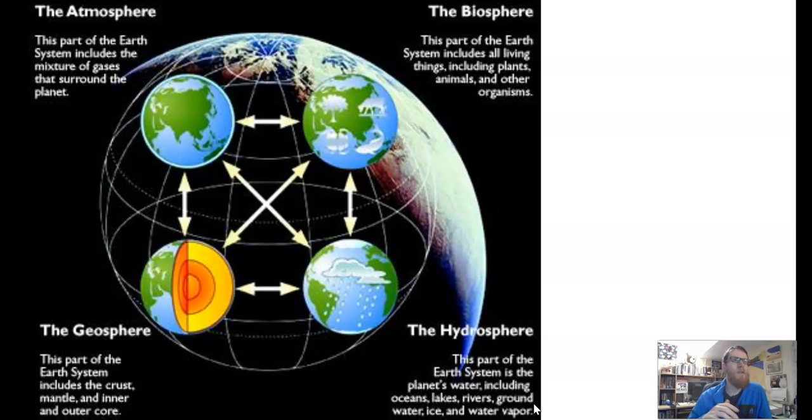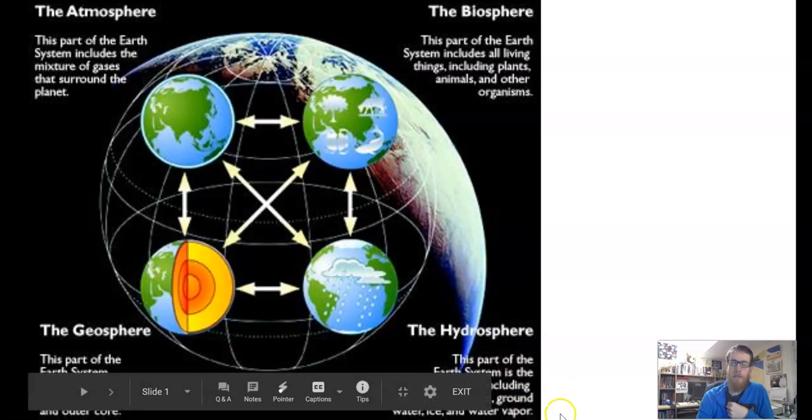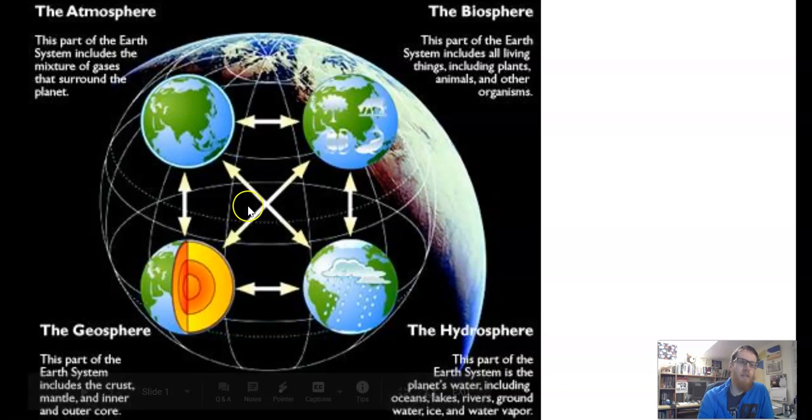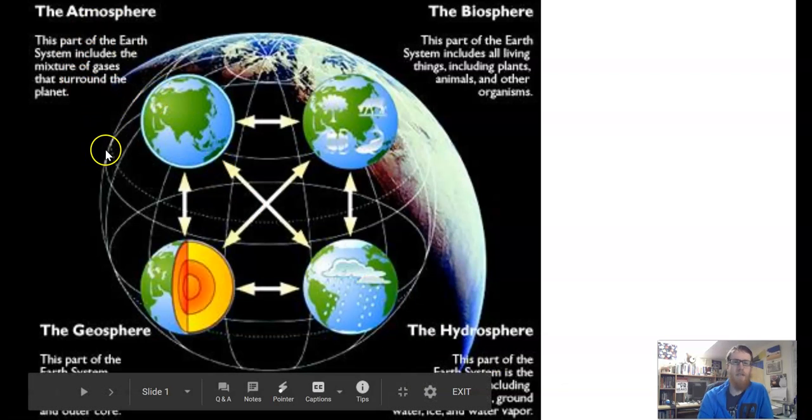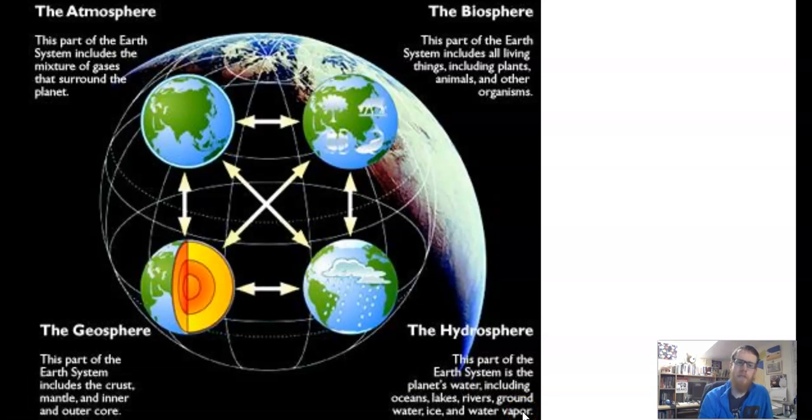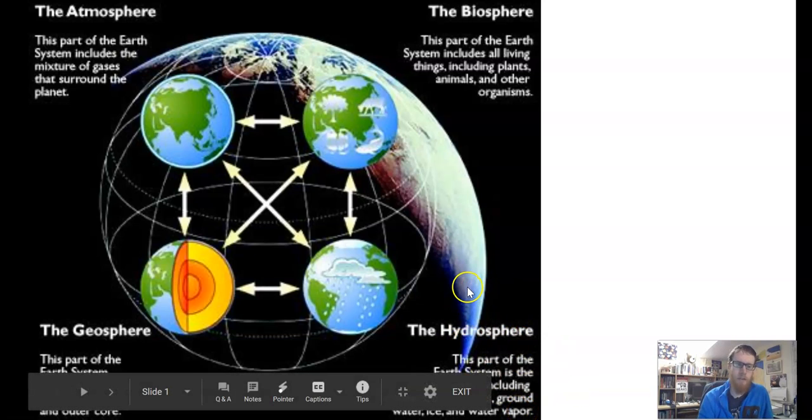That's true for temperature and wind, but when we get to precipitation, the fact that it snowed was an interaction of the hydrosphere, the water vapor in the air and how much was there, with the atmosphere, what the temperature of that air was. So water vapor can be difficult to figure out which group it fits in, but it is part of the hydrosphere, it's water.